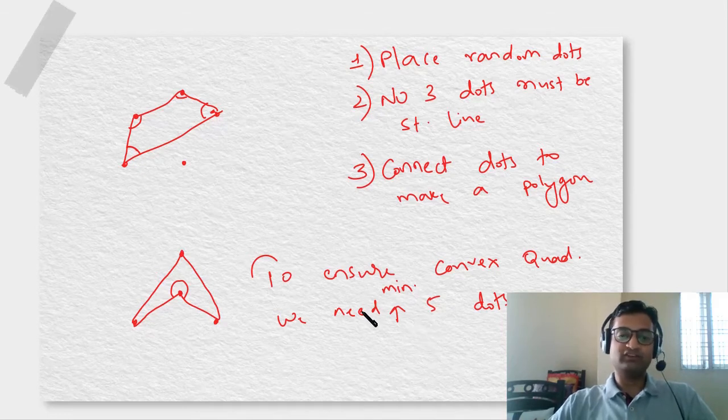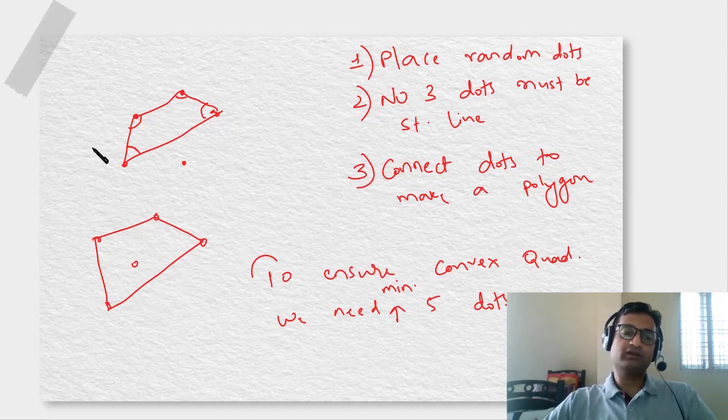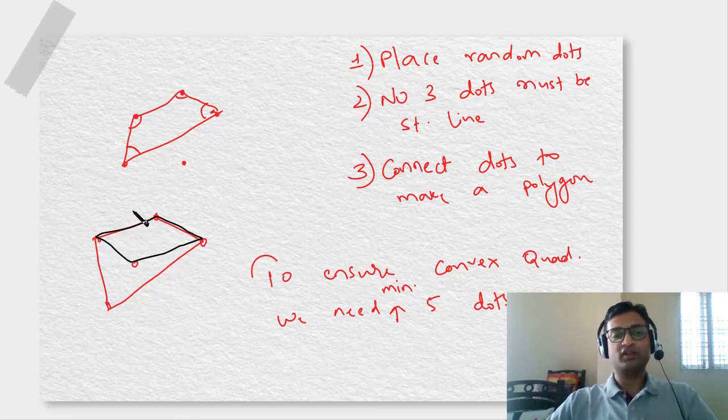Now I can place it anywhere if you want. For example, over here, just check out this method: 1, 2, 3, 4 and this is 5, right? So I can just leave this particular one and join these 4 dots. Or in a different way, I can make this quadrilateral like this. This is also a four-sided polygon, correct?